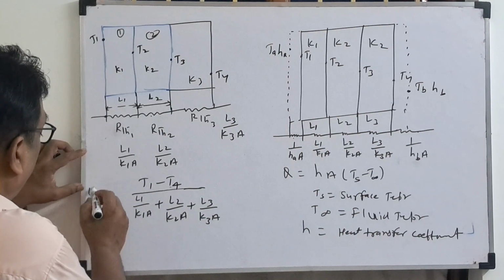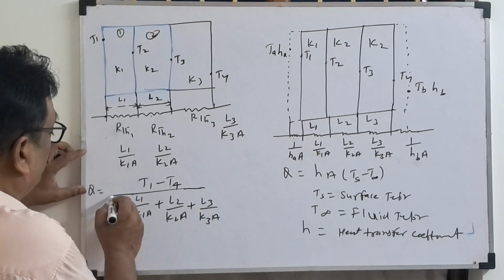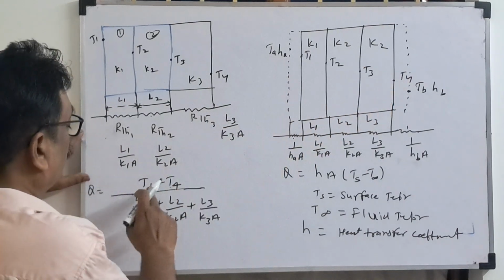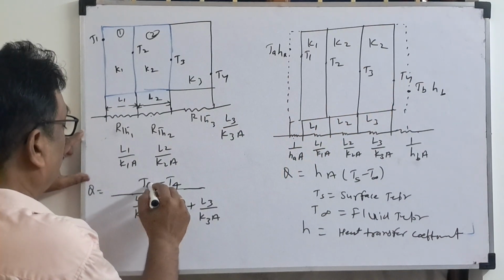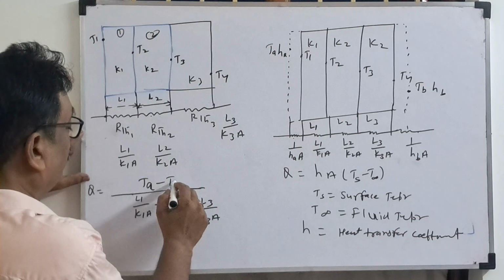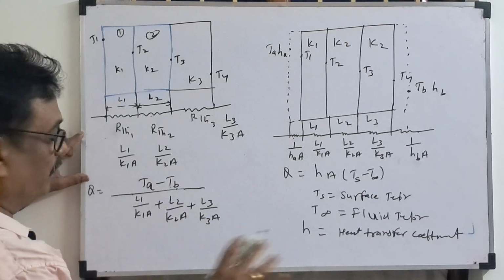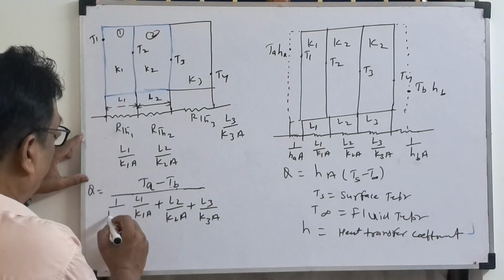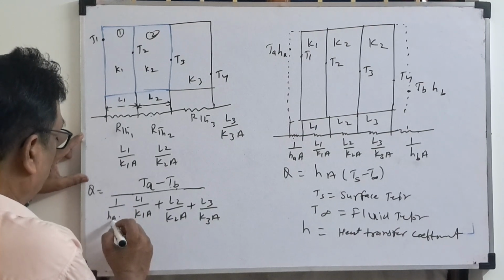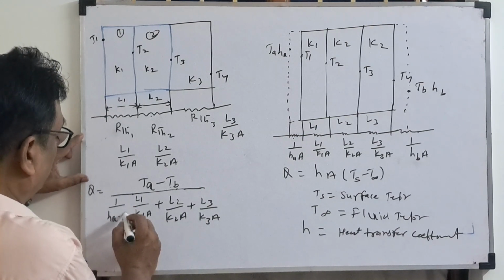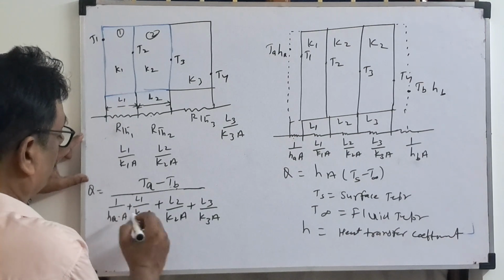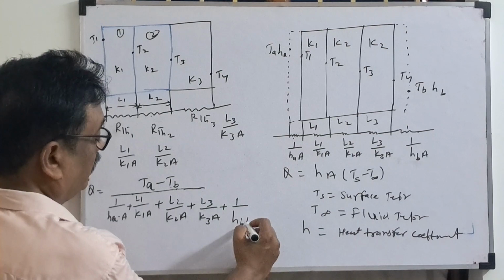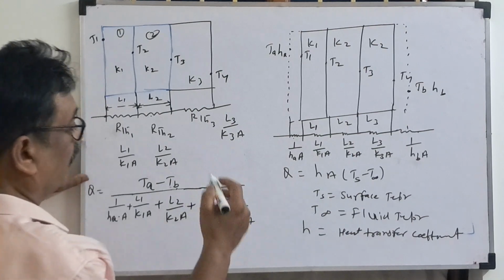See here, what will be changed in the heat flow? What is the overall temperature change? TA minus TB. What is the total resistance? 1 by hA into A plus L1 by K1A and so on, plus 1 by hB into A. This is the formula.